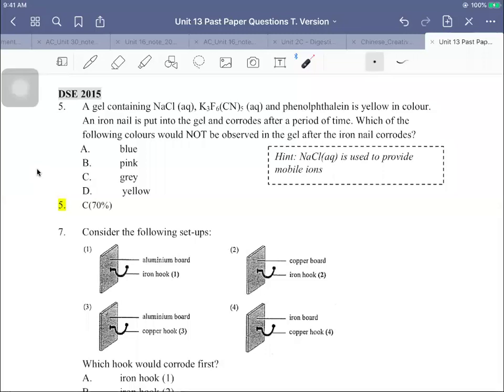And again, we have phenolphthalein. So what we're going to observe is the yellow color, that's from the rust indicator, and the blue and pink color that shows the rusting of the iron nail. Only the gray color we would not be able to see. So that's quite straightforward. It should be C.